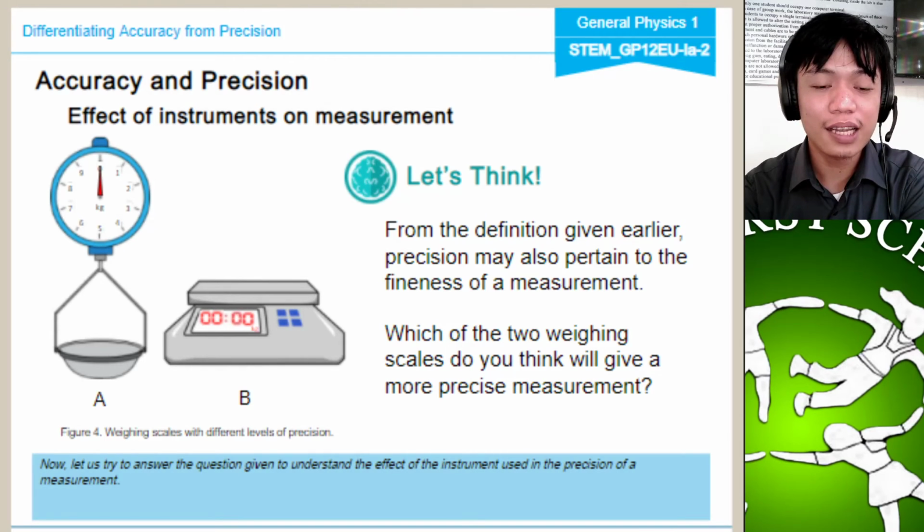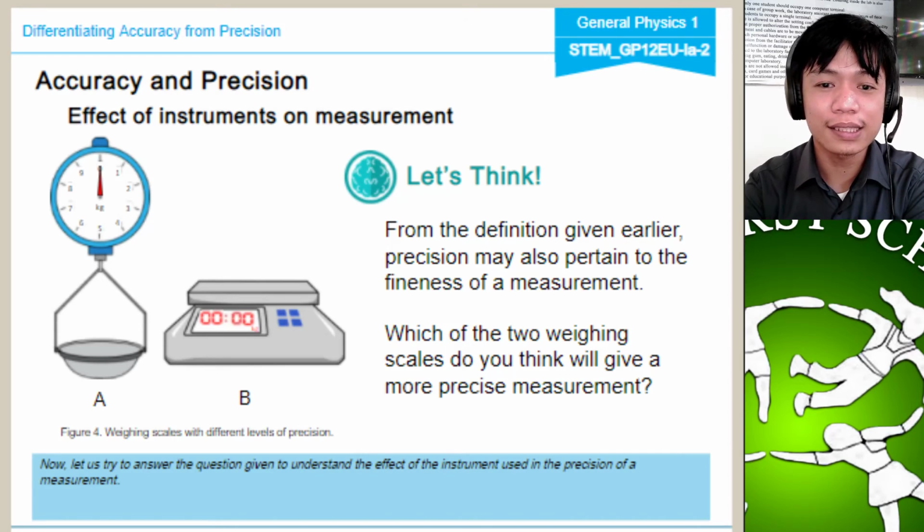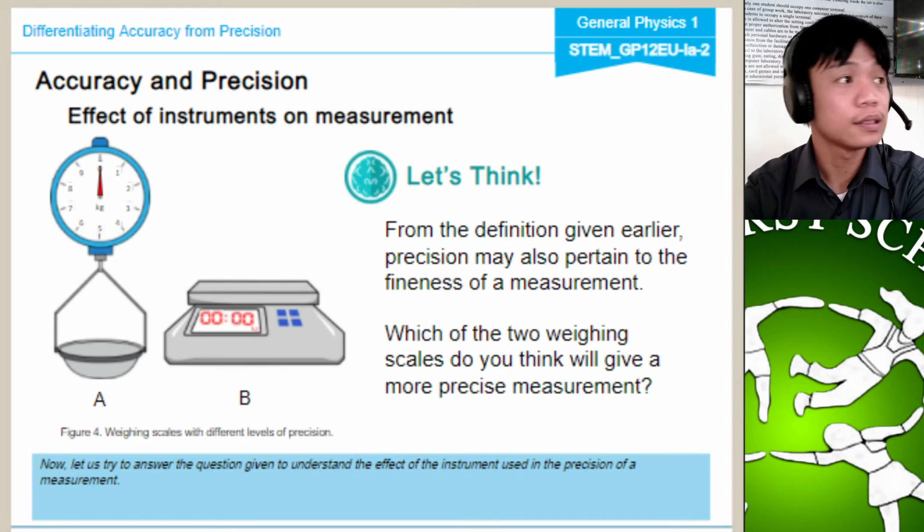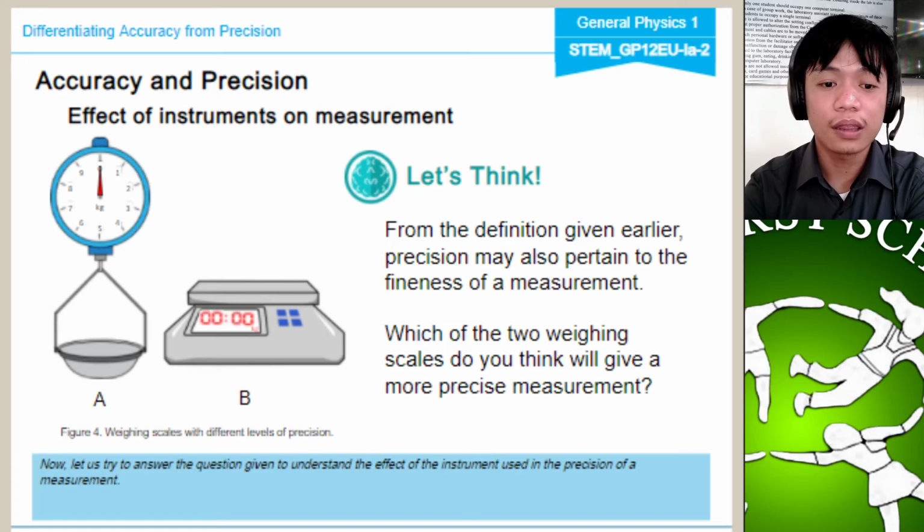So we have a standard and digital weighing scale. From that two measuring instrument, which of these two are more precise? Okay, more precise. So I'll give you 5 seconds to answer. A or B? 5, 4, 3, 2, 1.